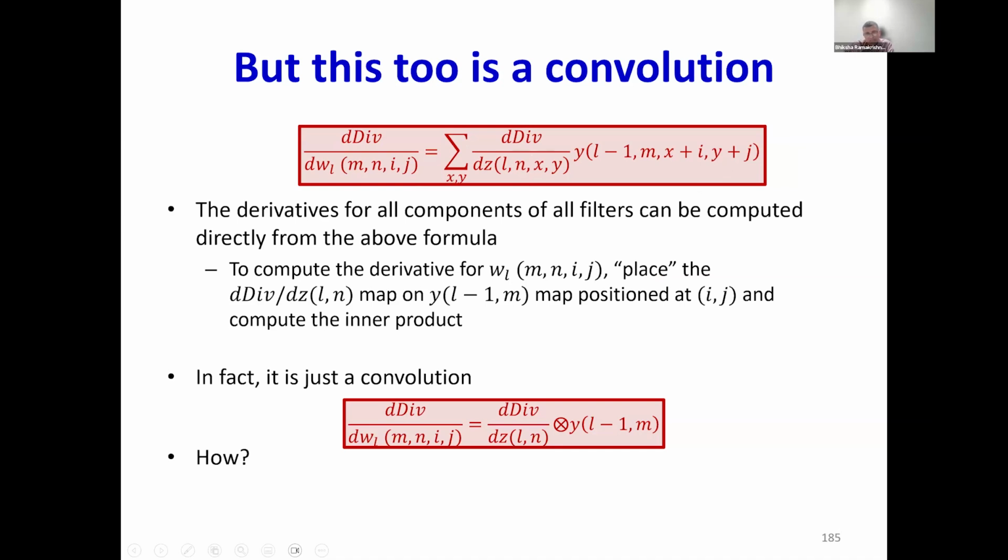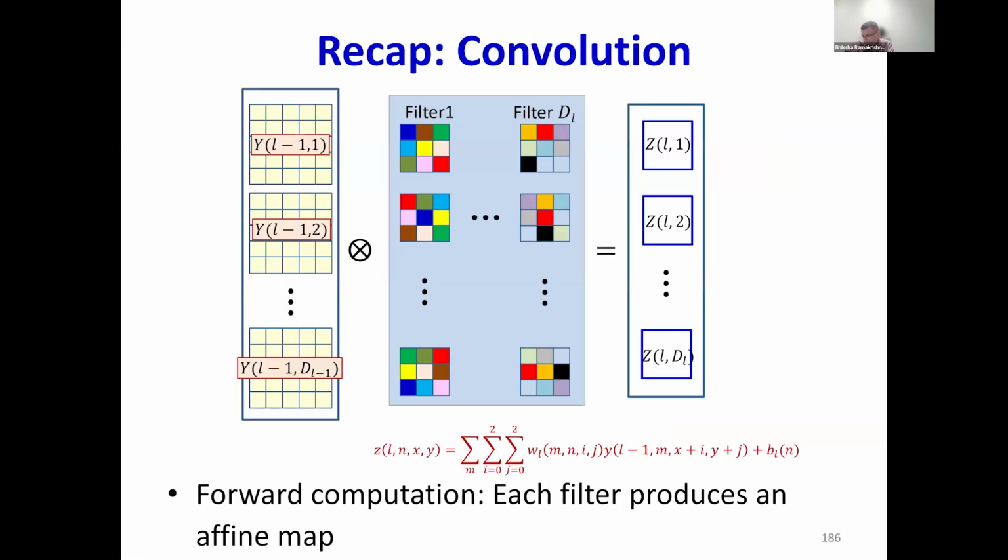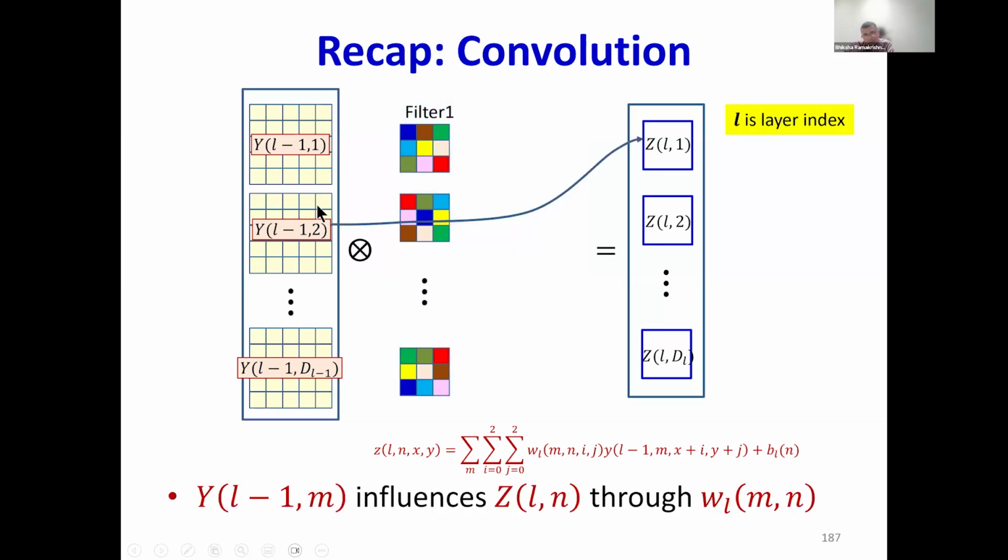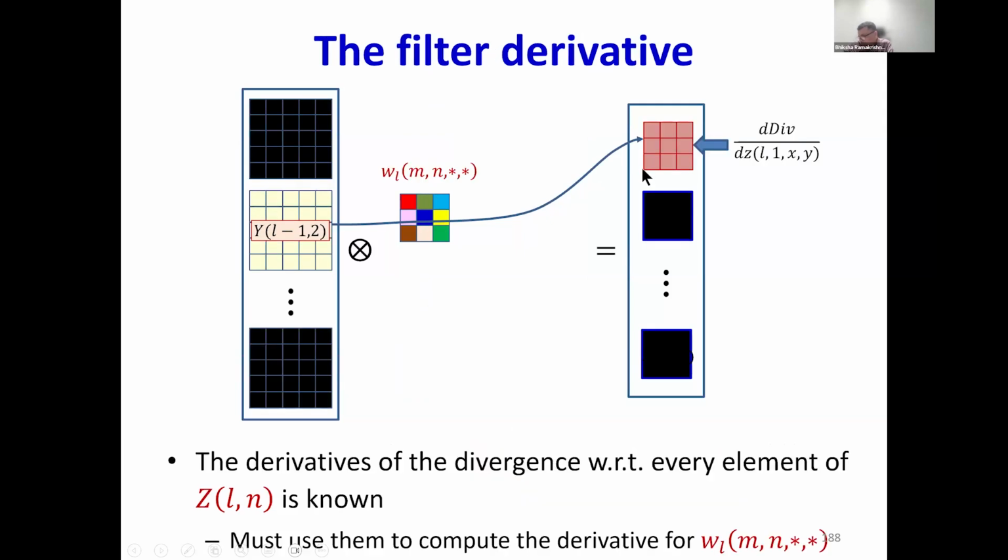Here's what it looks like. Let's say these are all the input channels. These are all the output channels, 1 channel per filter, right? Then any single channel of the filter connects the corresponding input channel to the output. And so to compute the derivative of the divergence with respect to this filter channel, you consider the derivative of the divergence with respect to all the elements of the output map.